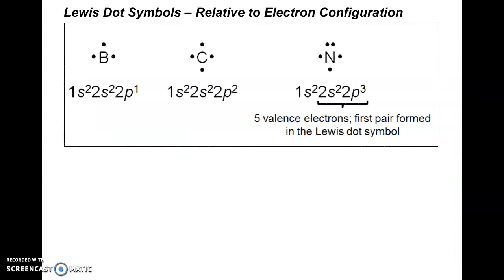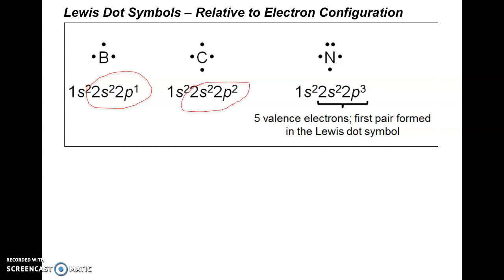So if we are looking at boron, carbon, and nitrogen, these are the third, fourth, and fifth elements in the second row of the periodic table. We've already talked about boron, and we know that it has these 3 valence electrons, so there are 3 dots around it.